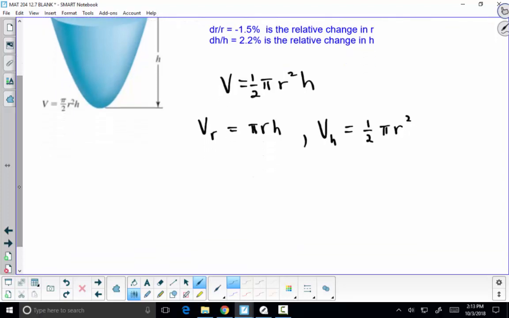In this one, we're going to create this function. We're going to create dV. dV is going to be V sub r dr plus V sub h dh. That's the differential in V. When we had the x's and y's, it was f sub x dx plus f sub y dy.